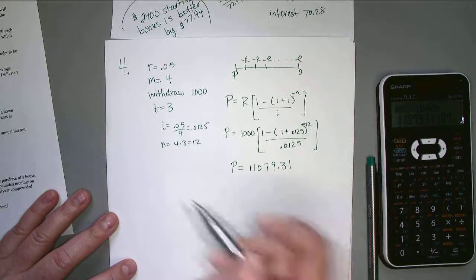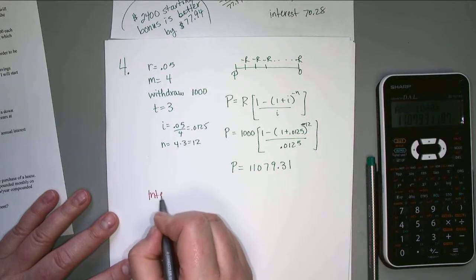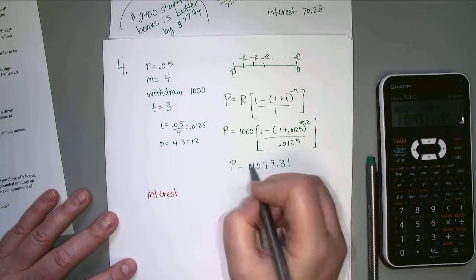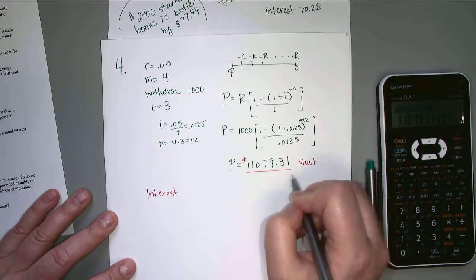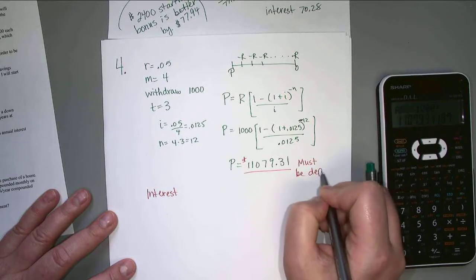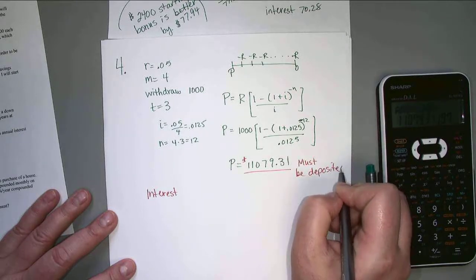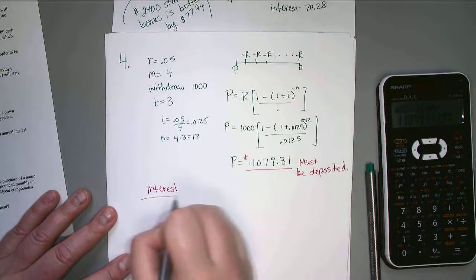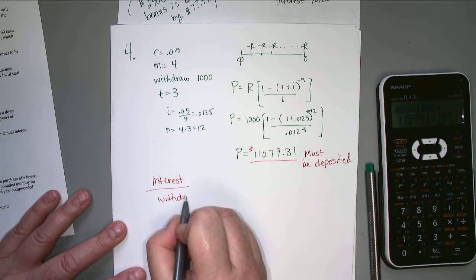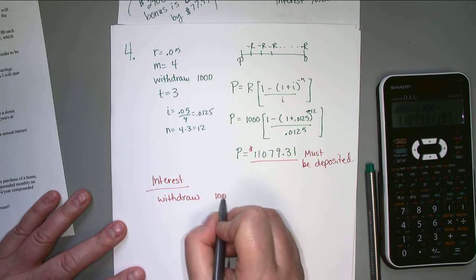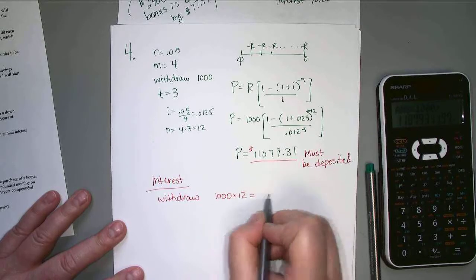So the interest actually works the opposite way. So the question asks for this, but we're going to talk about the interest. The withdrawn amount was $1,000 12 times, so 12,000.